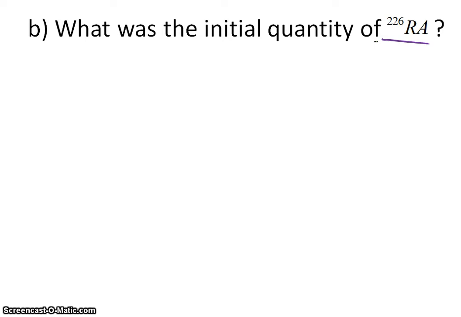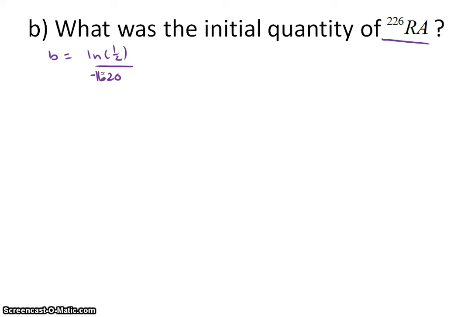So we know that the decay rate is 0.0428%. The exact value of our b that we got out, ln of 1/2 divided by negative 1620, was our decay rate.